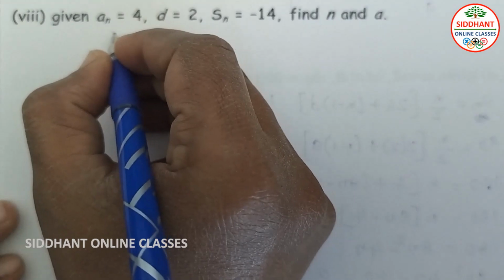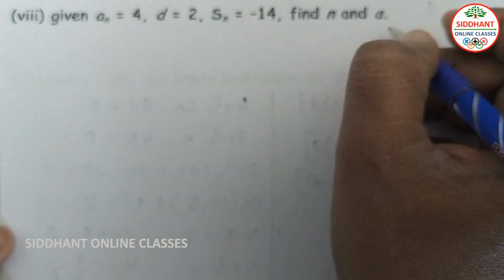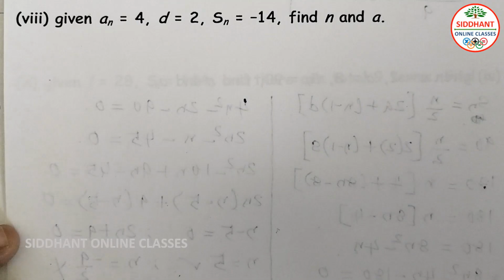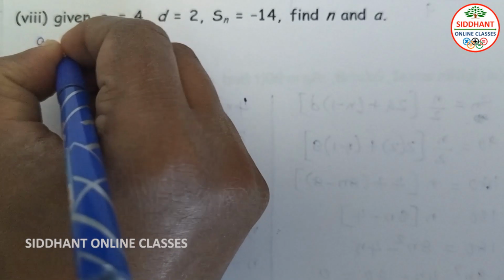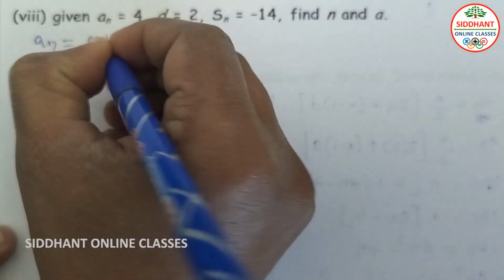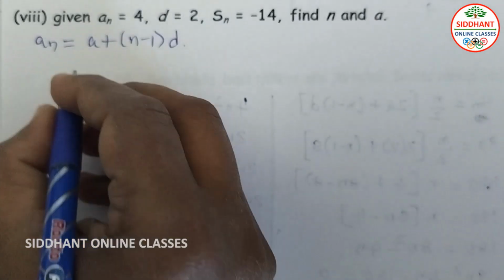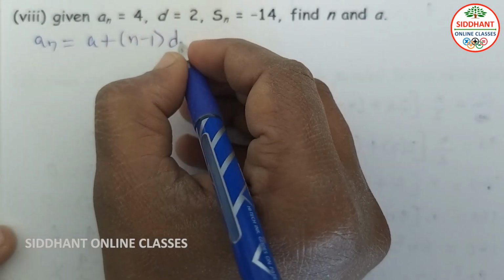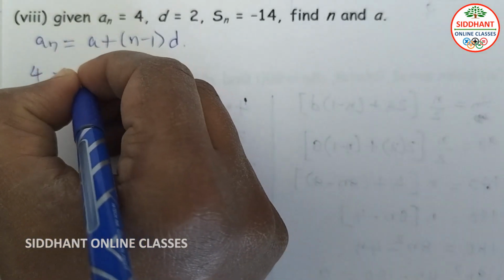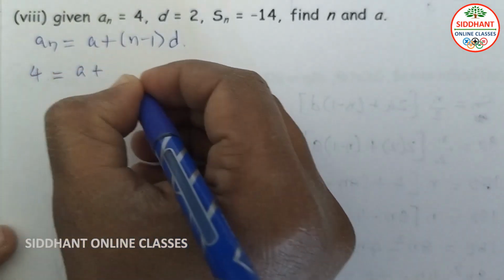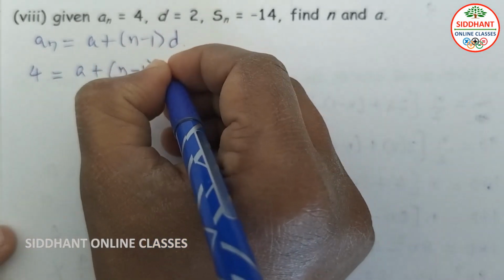Eighth one, given an equal to 4, d equal to 2, Sn equal to minus 14, find n and a here. So here we know an equal to a plus (n minus 1)d. Here an is given, which is 4, that equal to a we are going to find out plus (n minus 1), and d is given which is 2.